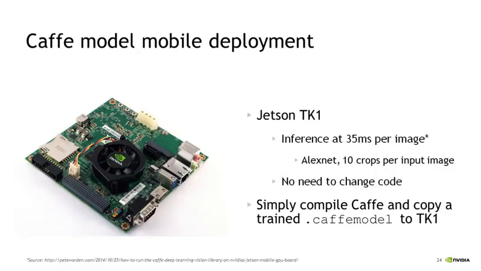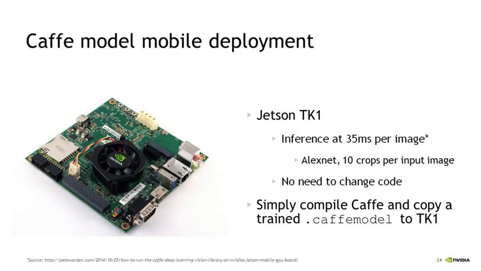I previously mentioned that these Caffe models, once trained, are quite compact and that they can be easily transferred to different hardware and operating system environments. One good example of this is the NVIDIA Jetson TK1, which is a mobile GPU-based development platform.